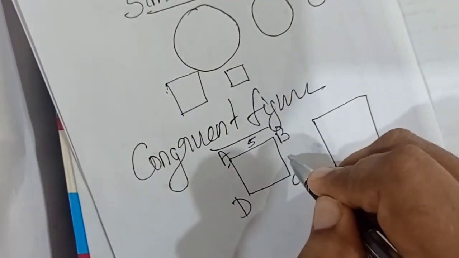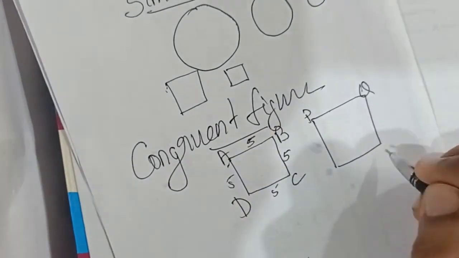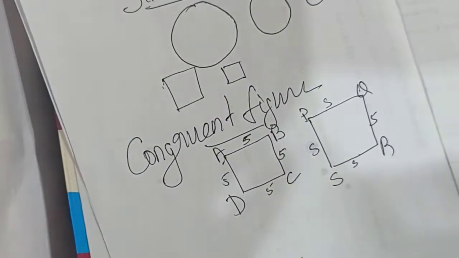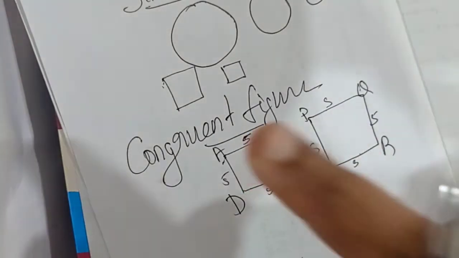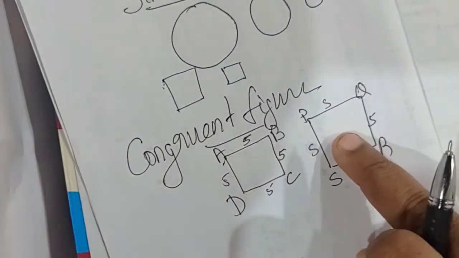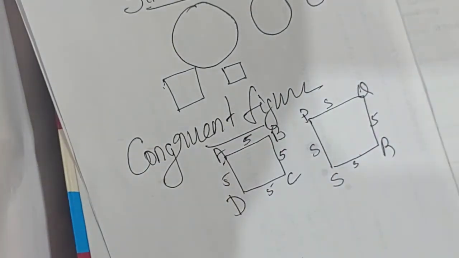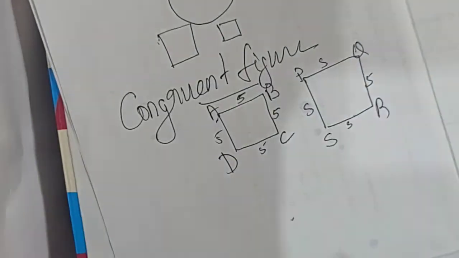The side of the first square is 5 and the side of the second square is also 5. Figures having the same shape and same size are known as congruent figures. That means one figure coincides with the second figure.